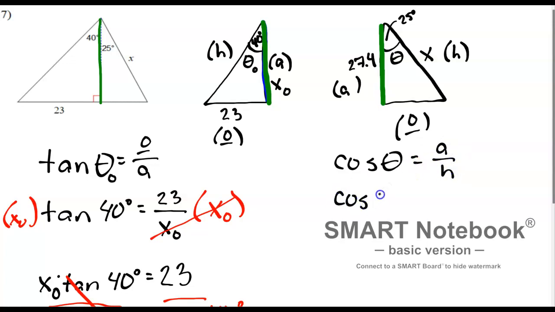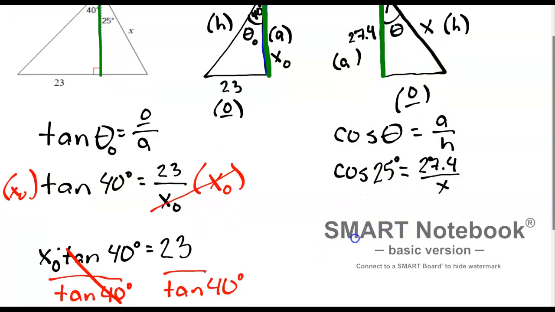Now I'm going to substitute. I know what theta is. Theta is 25 degrees, and adjacent is 27.4, over hypotenuse, which is x. Not x naught. This is the real x that they were asking us for.